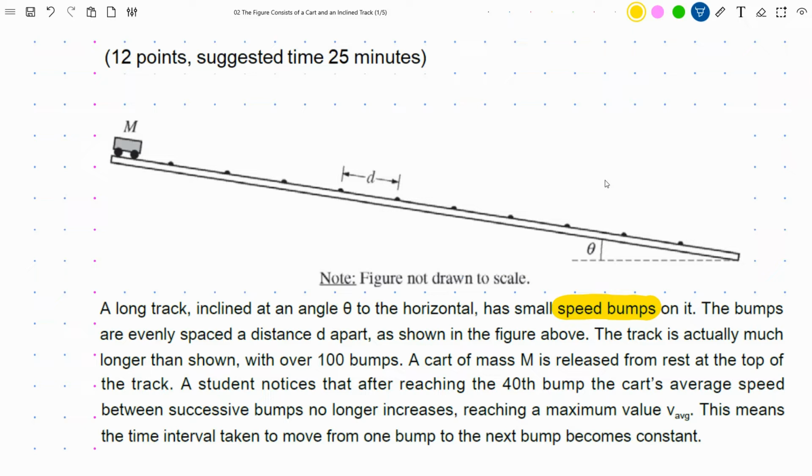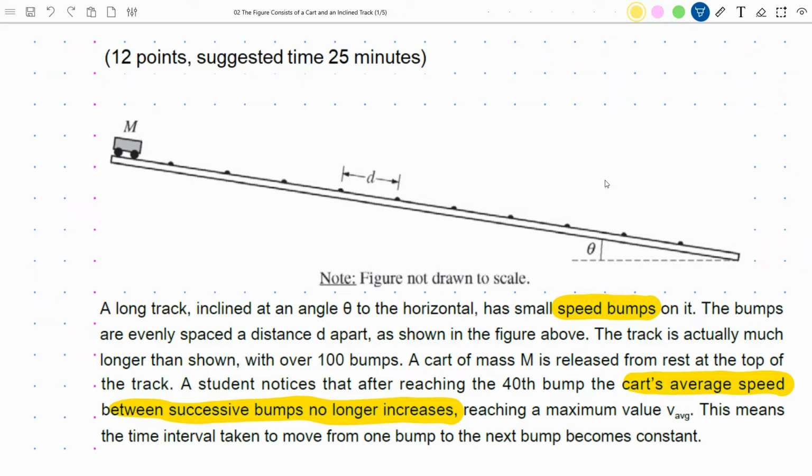So the cart is released from rest at the top of the track, and the student notices that after reaching the 40th bump, so this is well on its way through the 100 bumps, the cart's average speed between successive bumps no longer increases. So in between the speed bumps, it's essentially like an inclined plane, and in an idealized inclined plane, we would expect a constant acceleration.